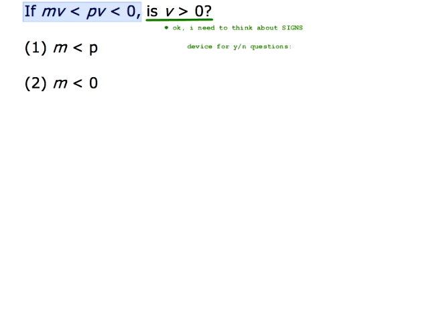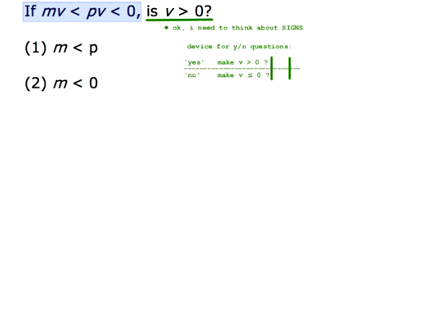The yes case here would be, can I make it positive? And the no case would be, can I make it negative? Or 0. Although if you look at the statement, you'll pretty quickly see that V can't be 0, because if it were 0, then this would be impossible. But still, theoretically that would be how you make a no case.